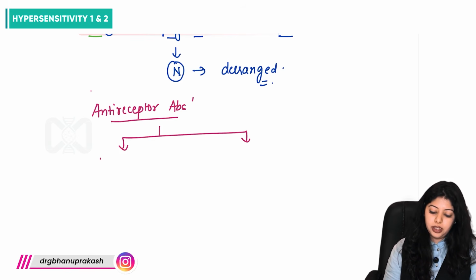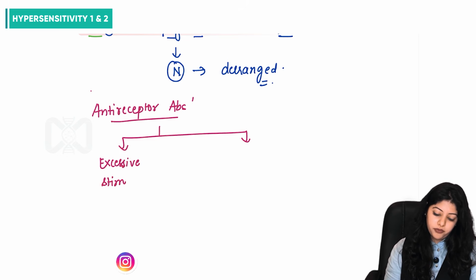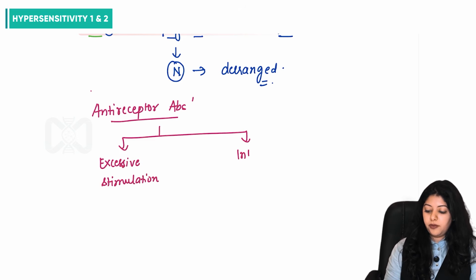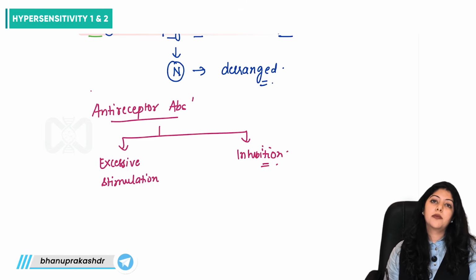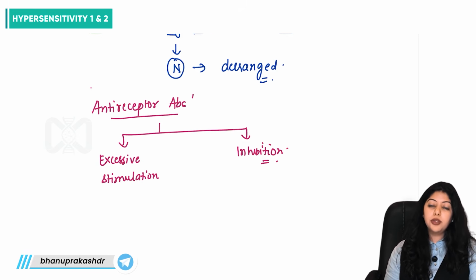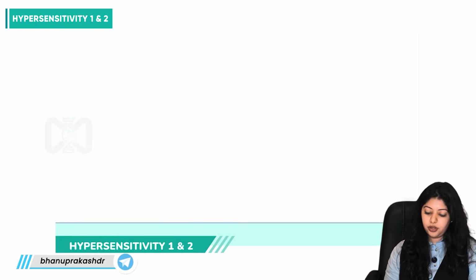They can either lead to excessive activation, excessive stimulation, or inhibition. So what are the examples of these types of reactions?